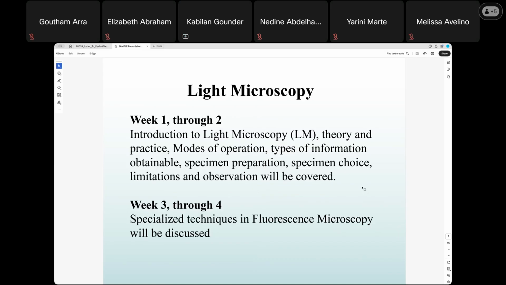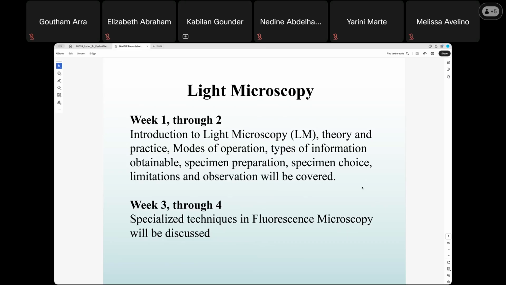Basically we are going to study different types of microscopes. One is the light microscope. The other technique is the fluorescence microscope. Another technique is laser capture microdissection. The others are the scanning electron microscope and the transmission electron microscope. We are going to see all of these in this class.